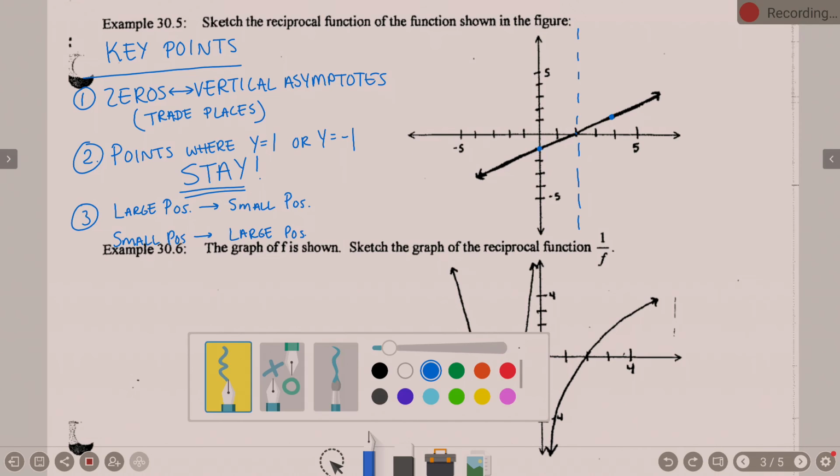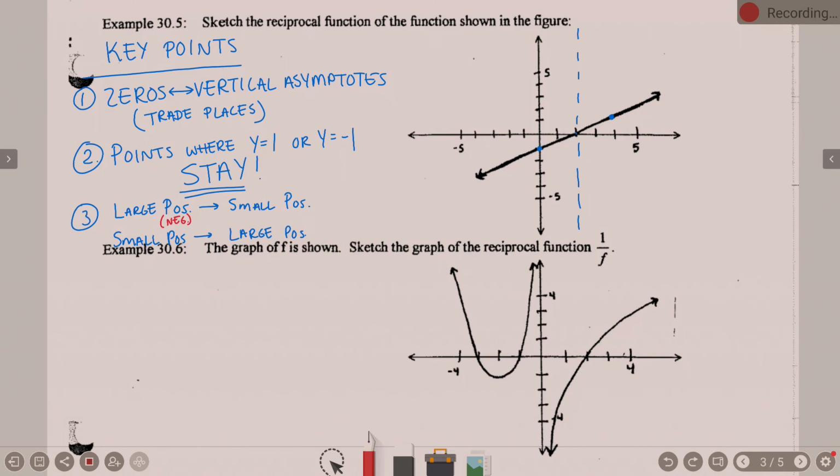And as I mentioned earlier, the same is true for negatives. Large negative values become small negative values. Small negative values become large negative values. Okay? So those are the 3 key points. Now, how this last one affects.